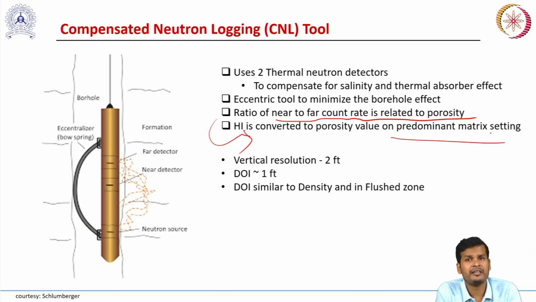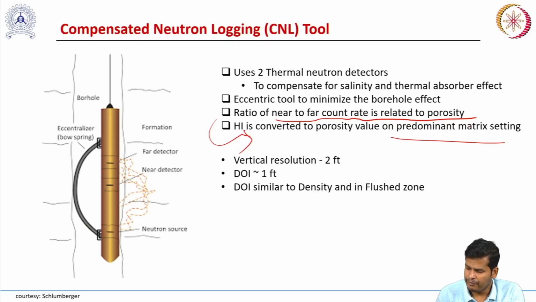As I mentioned in the last lecture, although the tool data is primarily affected by the hydrogen content, some other elements inside the formation can also contribute to the slowing down of our neutrons. If hydrogen is present in very small amounts, then the majority of collisions will happen with the other elements. So the signal of other formation elements is also there.